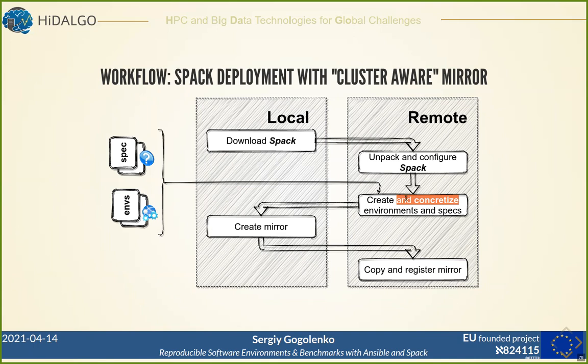Then you can copy this concretized stuff to the local workstation to create the mirror. Then you can create the mirror with mirror create and copy this mirror, which is already aware of the remote workstation, to the remote workstation and register it finally. That's the whole workflow.